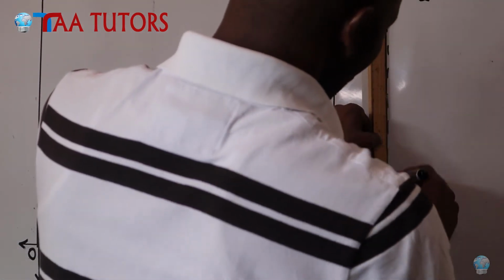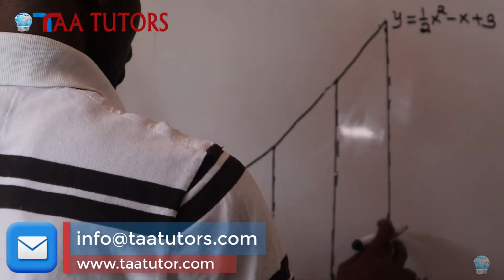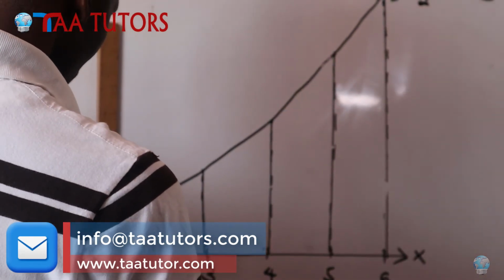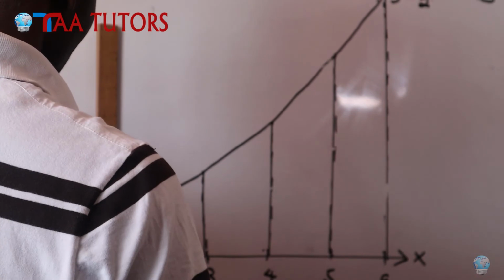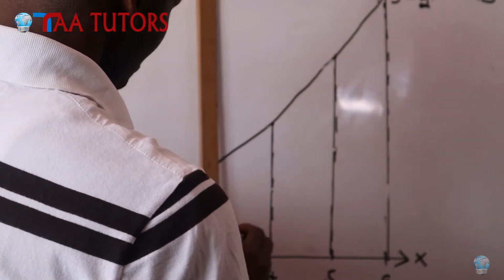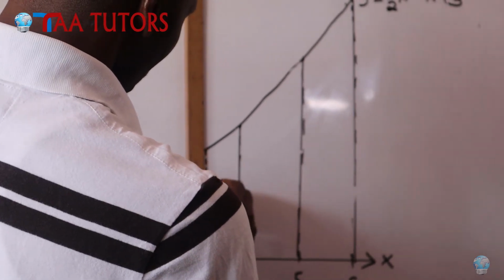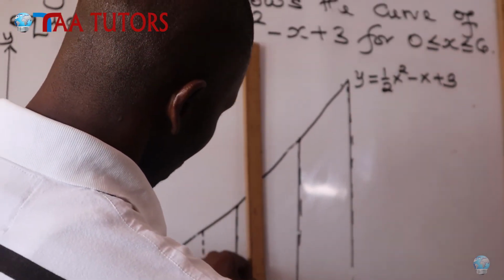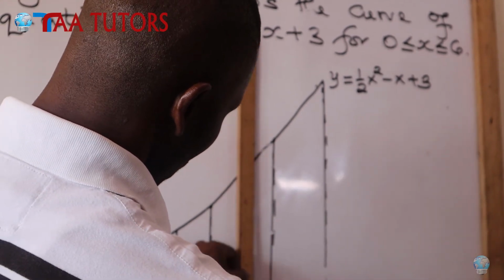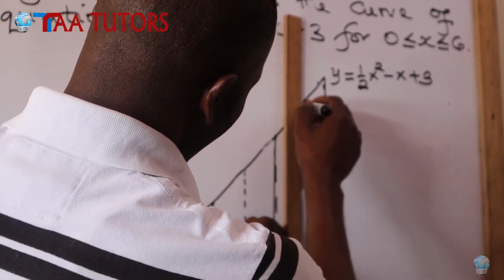So let me draw these ordinates as continuous lines. Now I'm going to show the mid-ordinates as broken lines. So this is the first mid-ordinate, this is the second mid-ordinate, this is the third, this is the fourth, this is the fifth mid-ordinate.